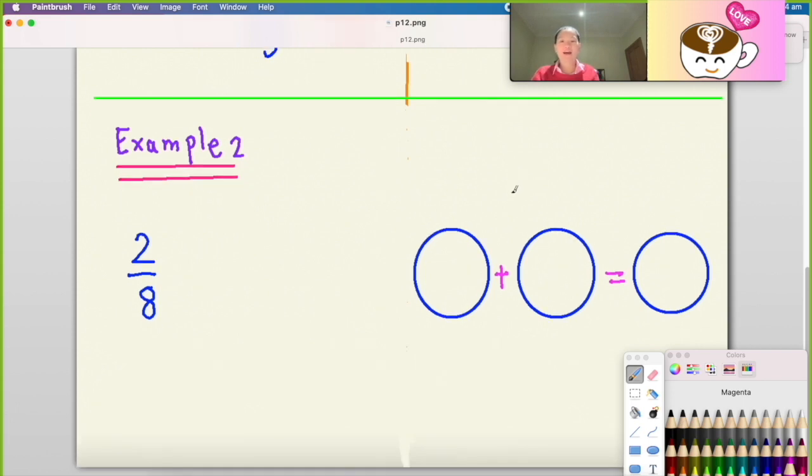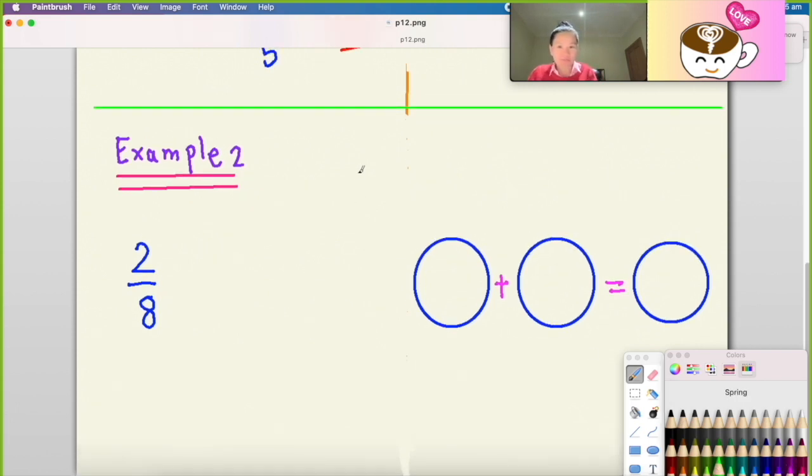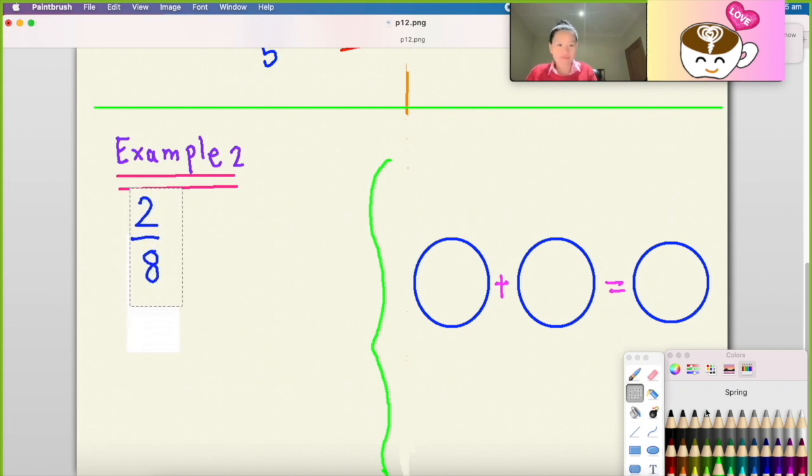Now let's move this one up a little bit. I have 2 over x, and then I add 3 out of 8.